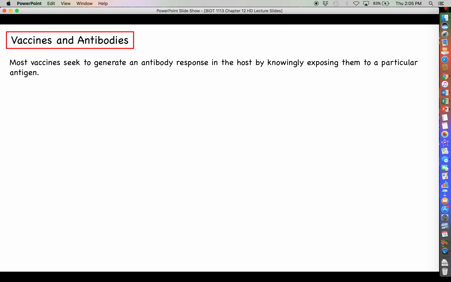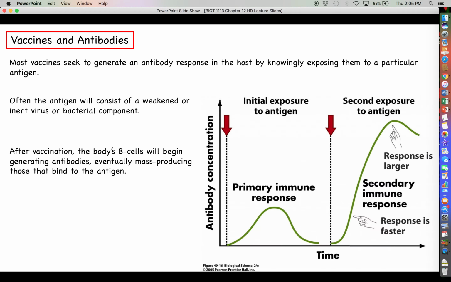In the case of COVID-19, we would want our antigen to be a protein from the actual coronavirus that causes COVID-19, the SARS-2 coronavirus. So oftentimes the antigen will consist of a weakened or inert virus or some bacterial component. Like we said, that's usually going to be some protein, right? Some protein that is specific to that particular organism or virus.